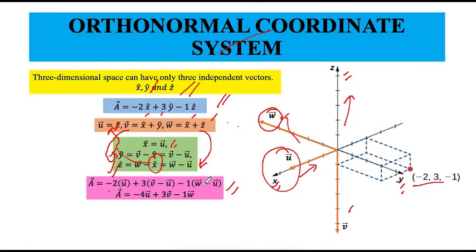So it's a rather strange result. I have a nice straightforward vector. If I was plotting it, it is 2 units away from x, 3 units along y, and 1 unit along z.